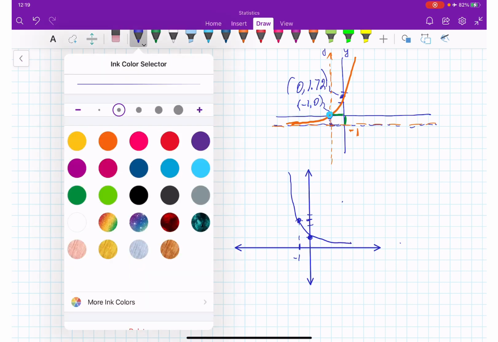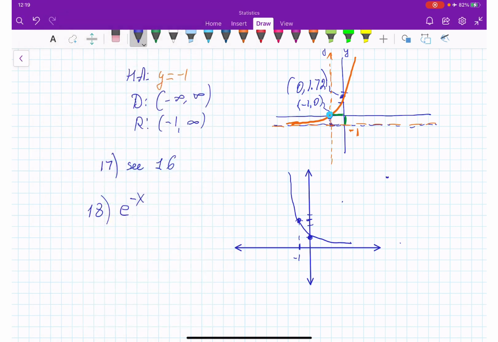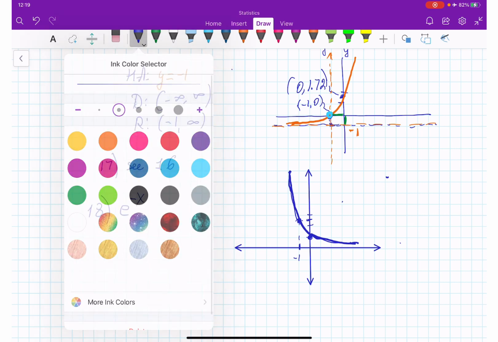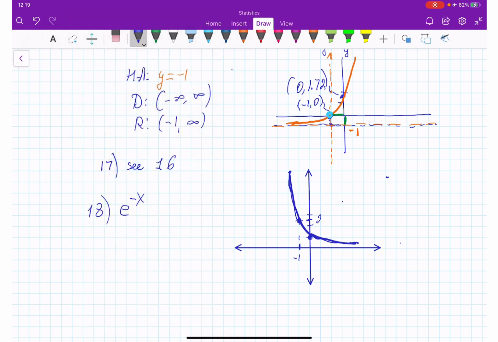like this. Let me make it thicker. Okay, so this is 2.72.